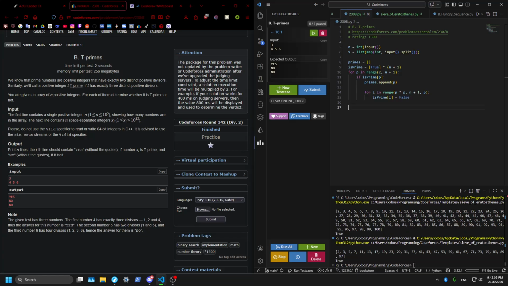Have our primes, so for, what's the best way to do this? We could just iterate through.